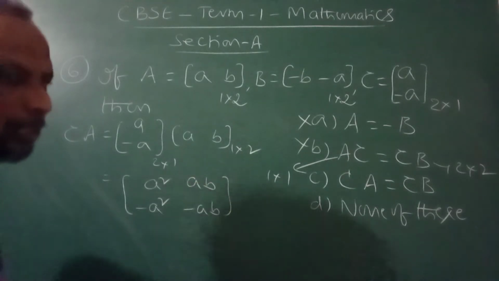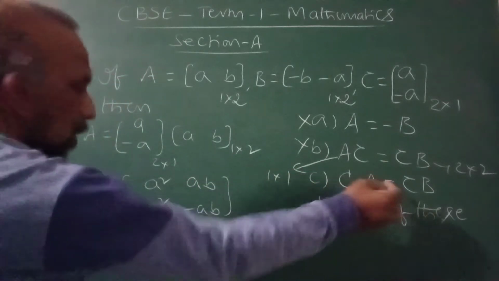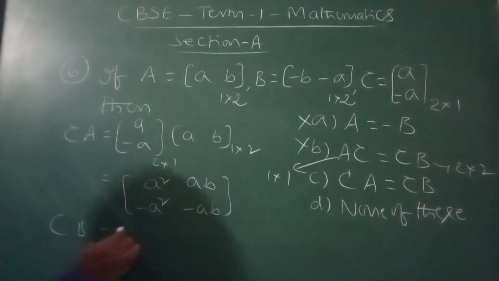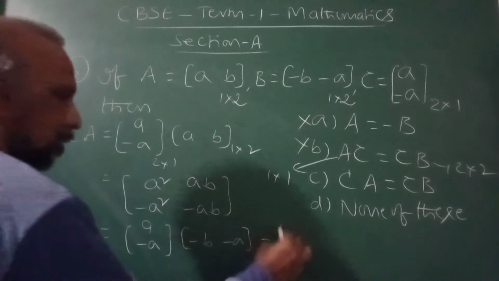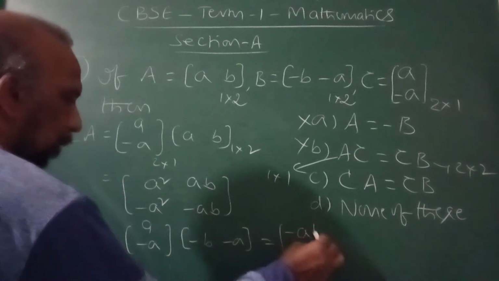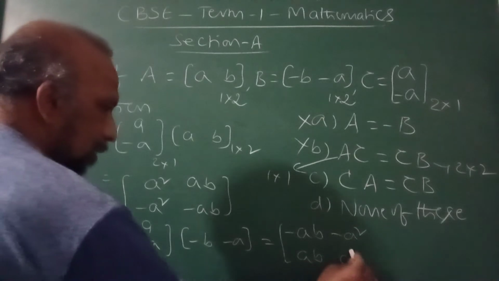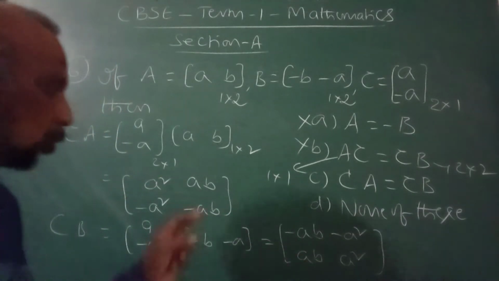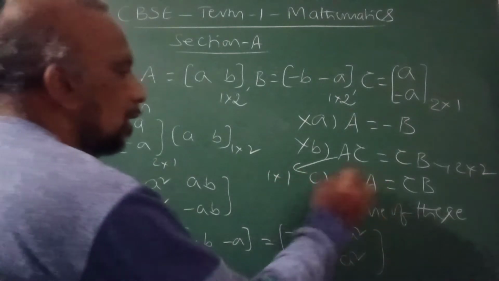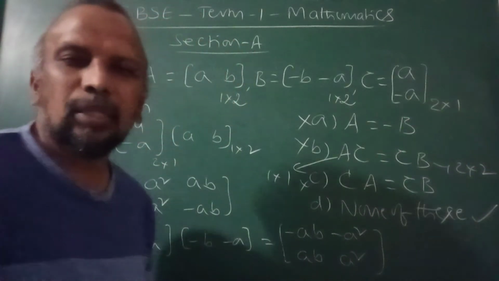Now check CB: A minus A times B, and this is minus B, minus A. Same thing, again 2 by 2, but both are different. You can see minus AB, minus A square, you will get AB and A square. So clearly these two are not equal. CA is not equal to CB. So the answer is none of these.